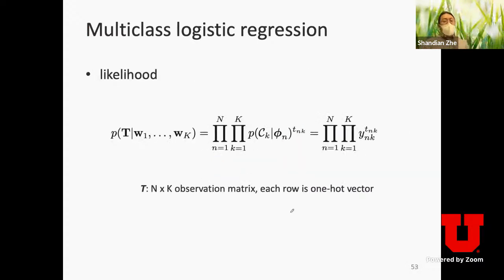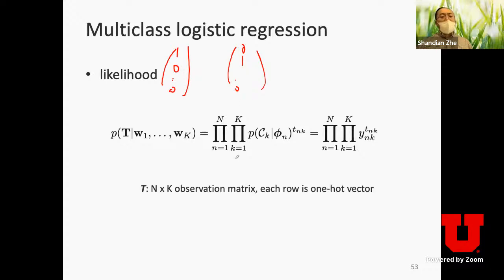Again, if you want to perform maximum likelihood estimation, suppose we have observed n data points, right? Where for each data point, the output, remember, we talked about that for multi-class cases, we use one-hot encoding to represent the label. That means if you take class 1, we have one element as non-zero, and all the other elements as 0, right? If class K, that means the second element is 1, and all the others are 0. Right?